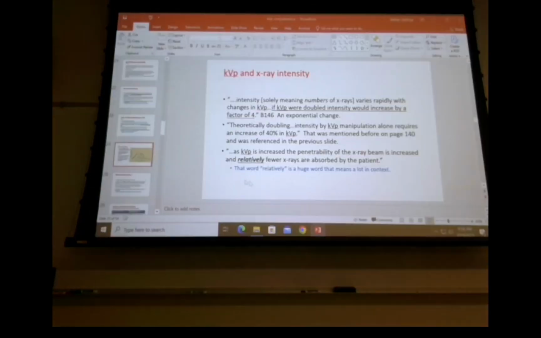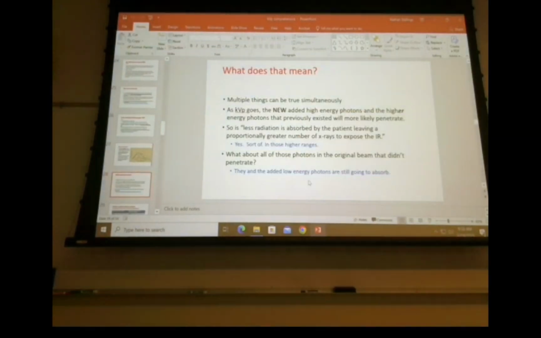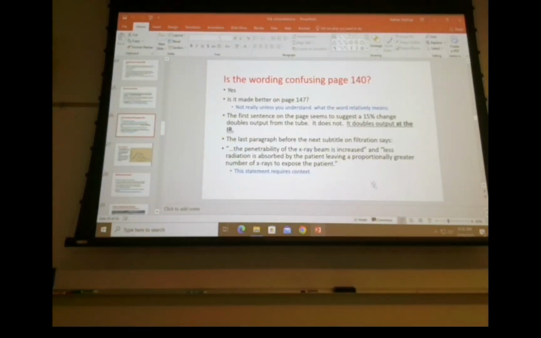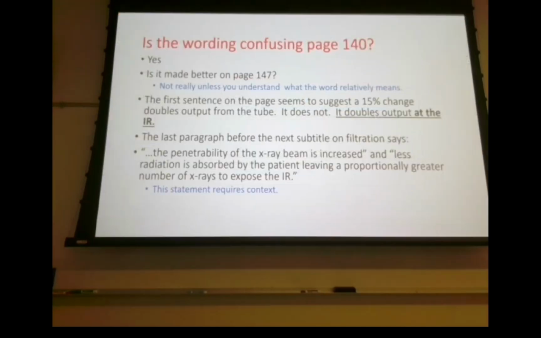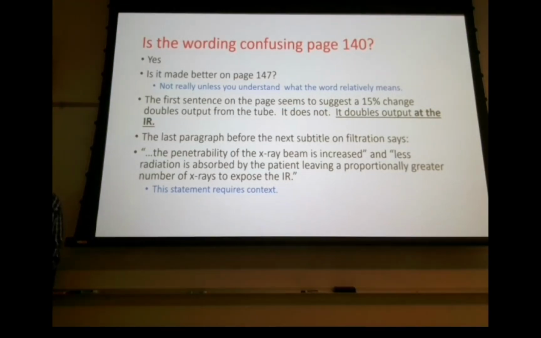Okay, so let me correct that. All right, so what does that mean? It means whenever penetration is increased, the patient absorbs less because the photons are more likely to either scatter through the patient or just penetrate all the way through. Right.